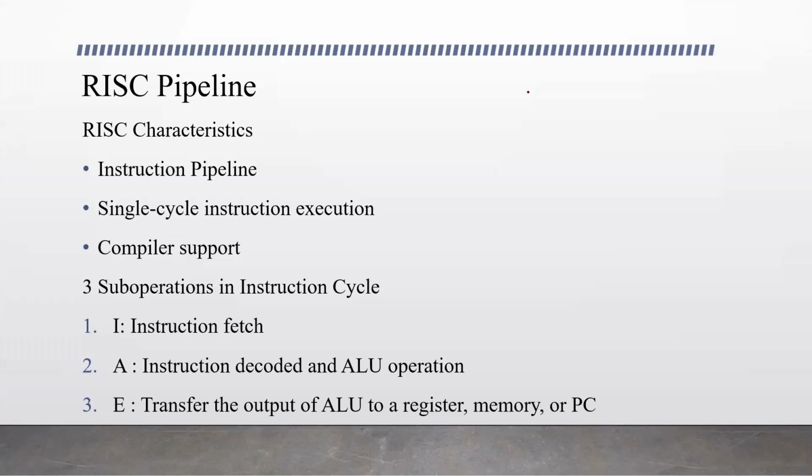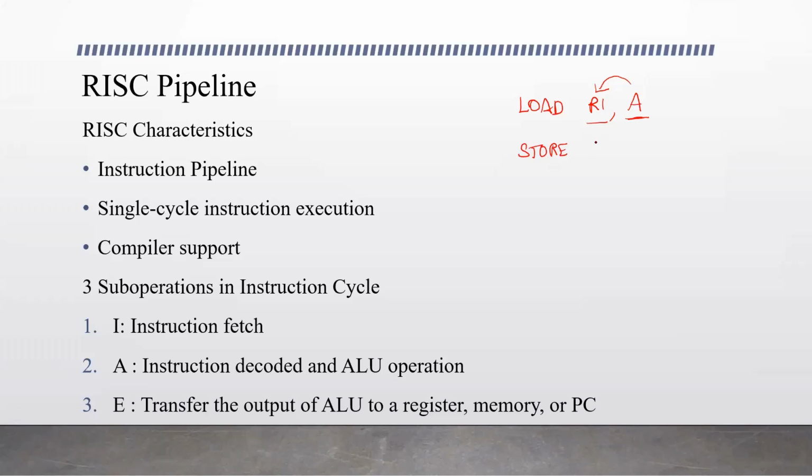As we have discussed earlier, it may be a load instruction: load R1, A. A is a memory operand and R1 is the register. So here the data is transferred from memory to R1. This is a memory reference instruction; memory access is required. The two instructions used for data transfer are load and store.